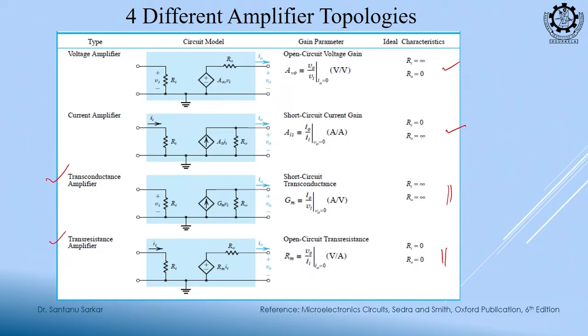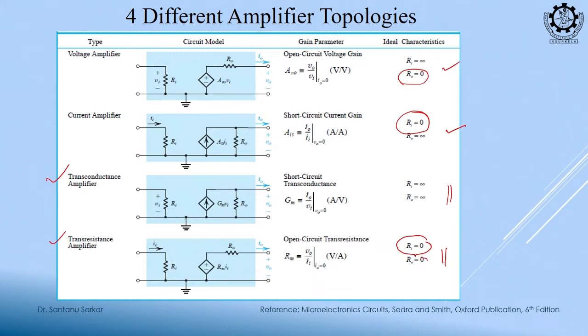What you have to think is: what is my input side, is it current? If the input side is current, what should my input impedance be? It should be 0. So, you see this transresistance amplifier, output is voltage, input is current. So, input impedance should be 0. Now, output voltage, so output impedance should be 0.